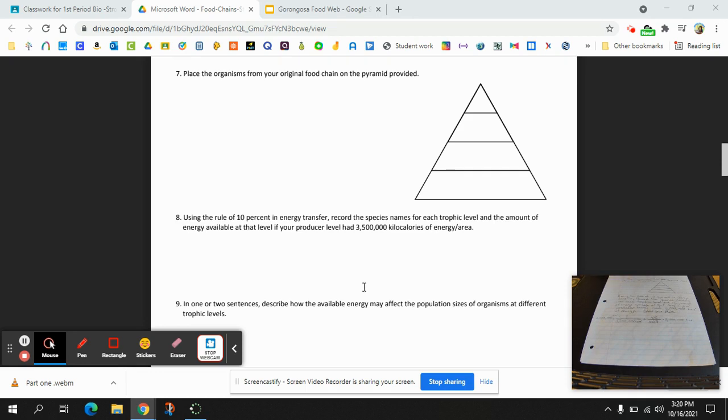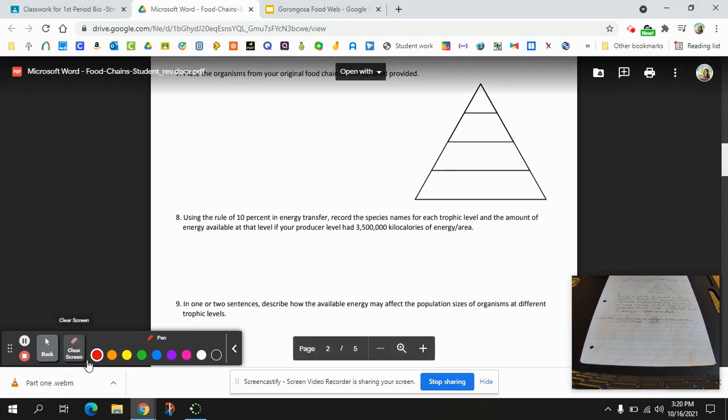Here's how you'll start. First, you need to put 3,500,000 kilocalories for your original producer.